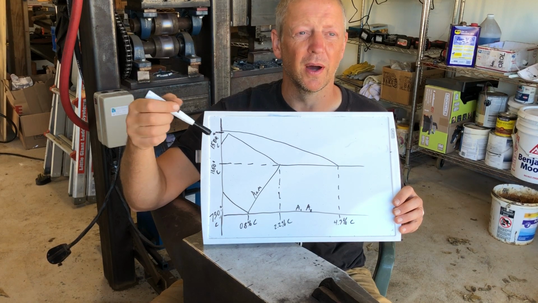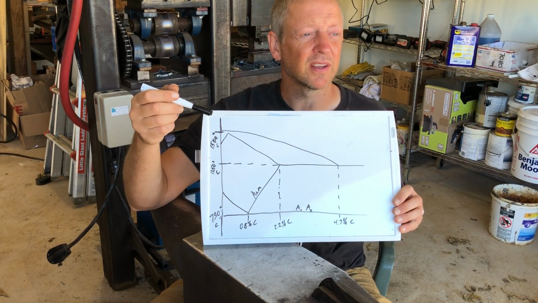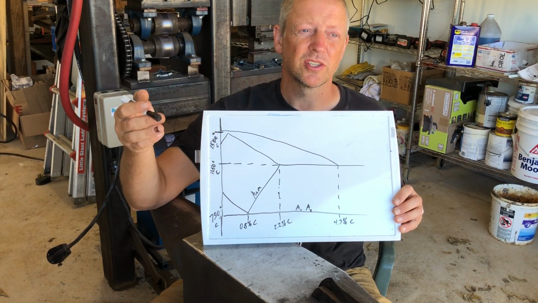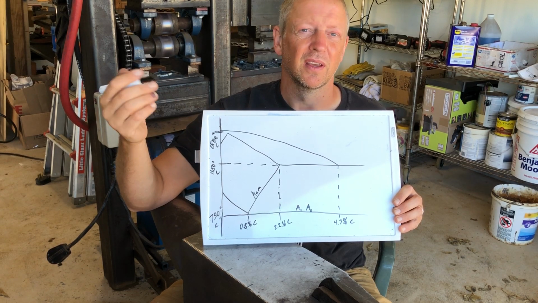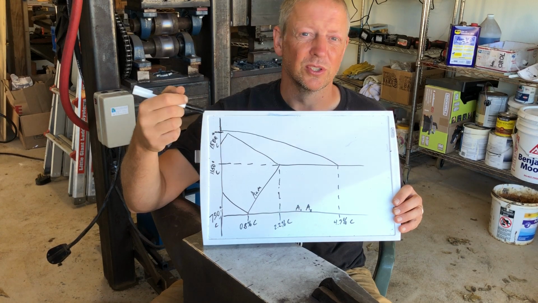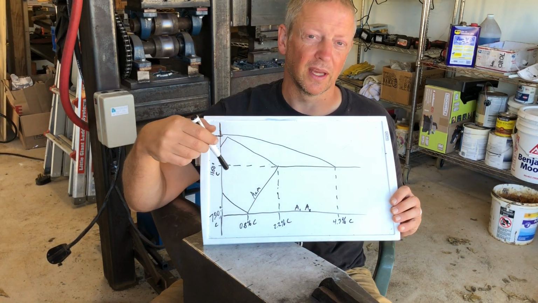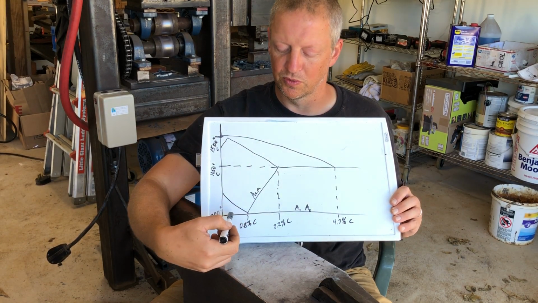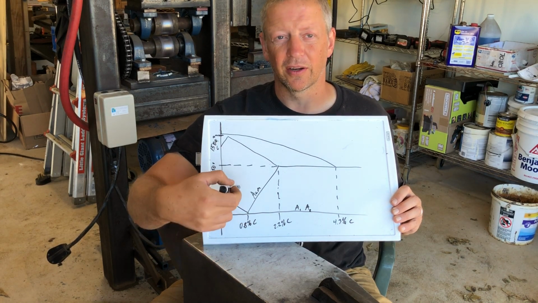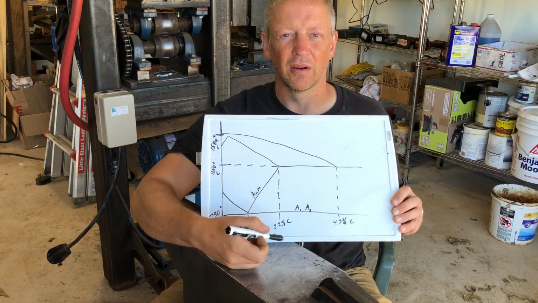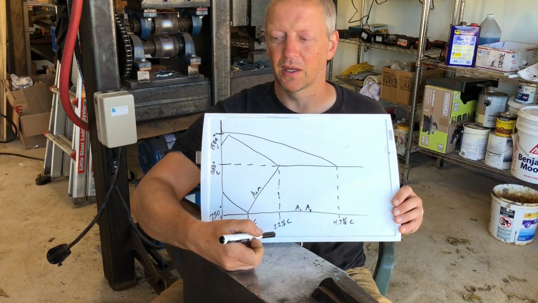This is partly why 5160 needs to be quenched from a slightly higher temperature than, say, 1075 to achieve full hardness. It's partly that it is a lower carbon, so it's moved over this way a little bit, and has higher chromium content, so we've moved our pure austenite line up a little bit.